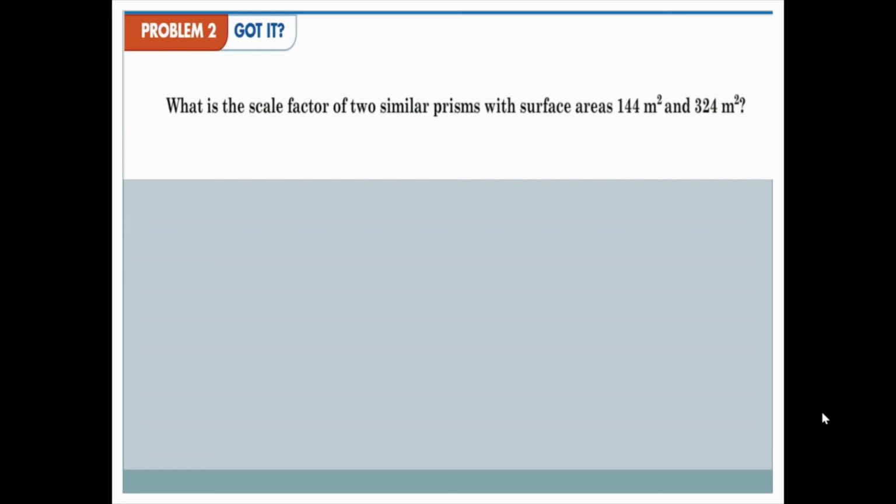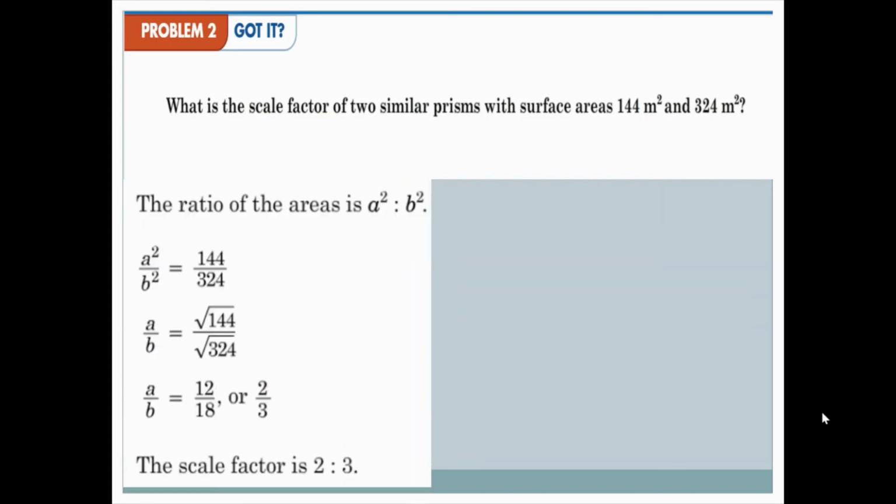So the ratio of the area is a squared to b squared, or a squared over b squared. So what number is in a squared and what number is in b squared? So we have the ratio 144 over 324. Now, what is the square root of 144?